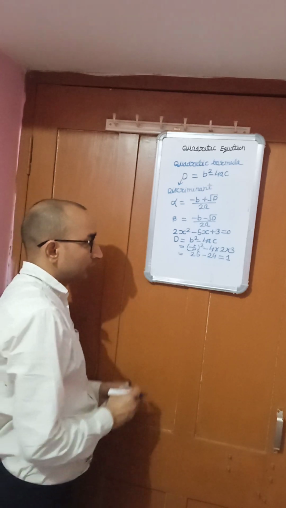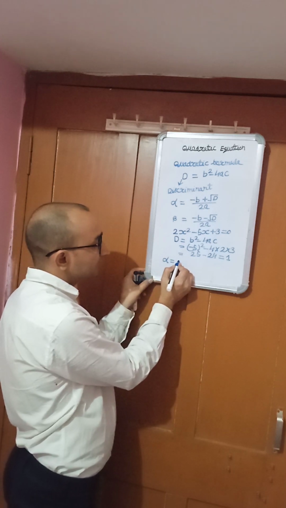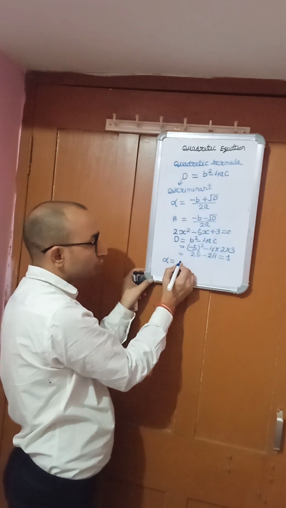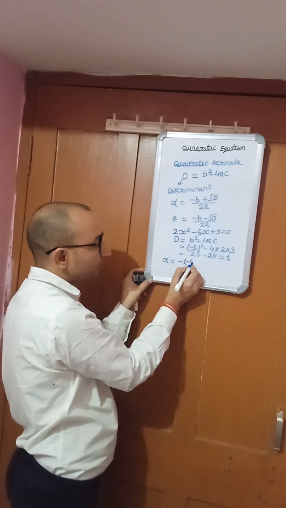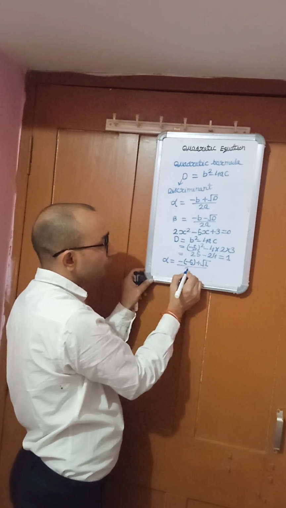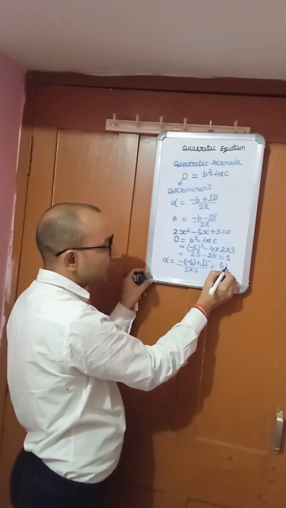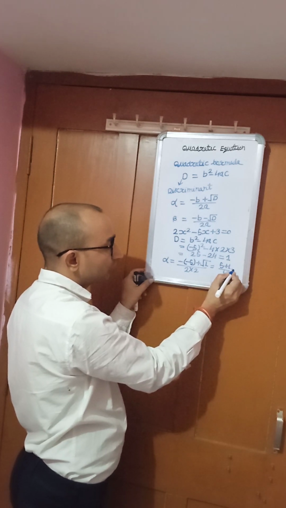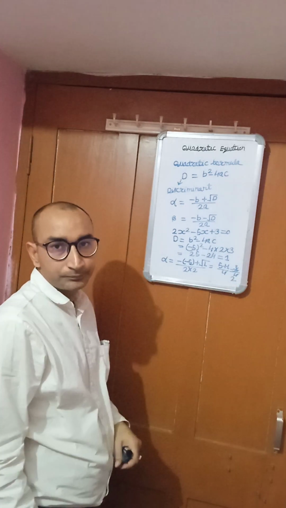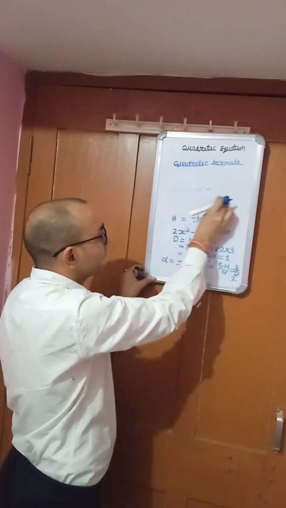Okay. So find the value of alpha first. Value of alpha is minus b. Put the value of b is minus 5 here, plus D value is 1, into 2 into a, a is 2 here. So it becomes minus minus plus 5 plus 1 divided by 4 equals 6 by 4, that is 3 by 2. And we have to find the value of beta also.